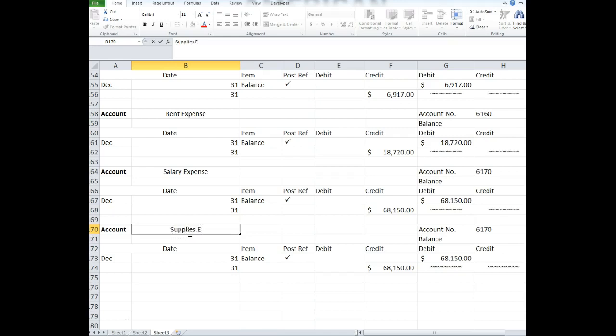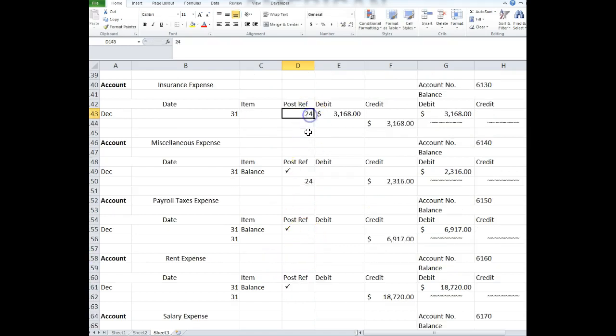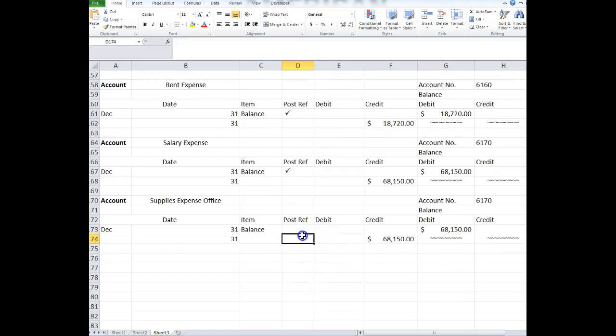Next, we have supplies expense, office. What is our supplies expense? $2,568.